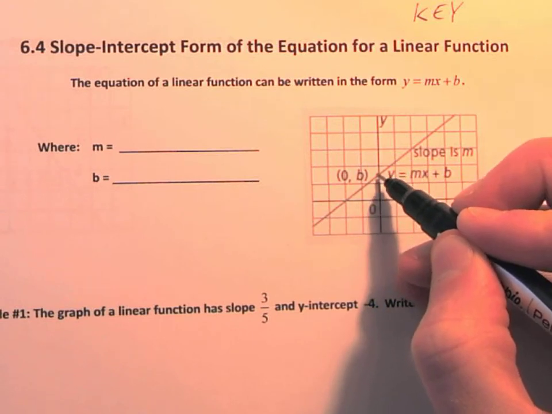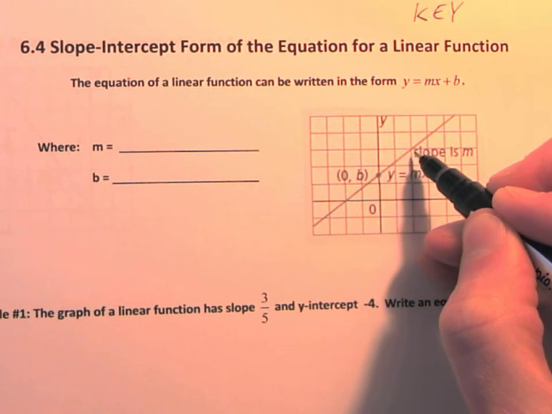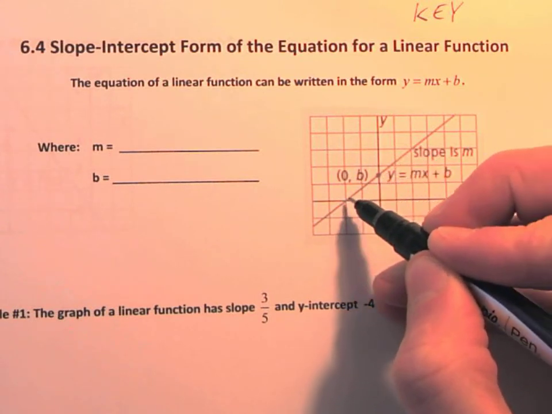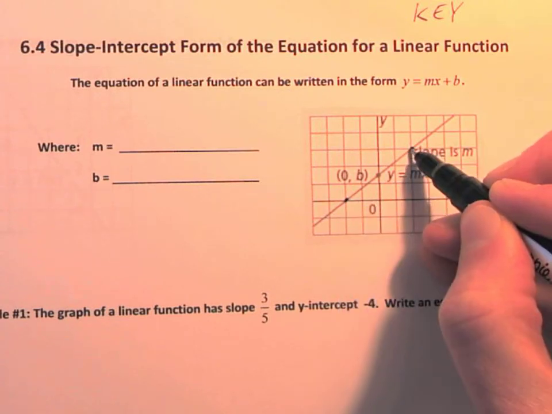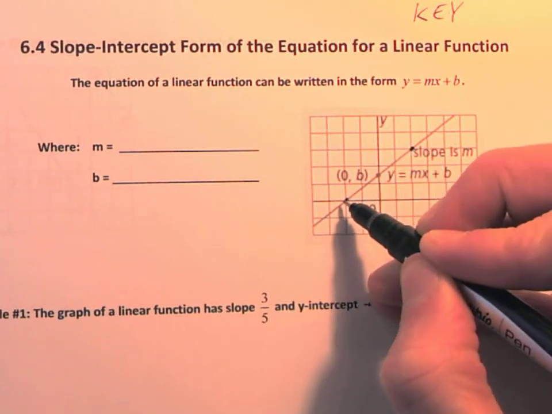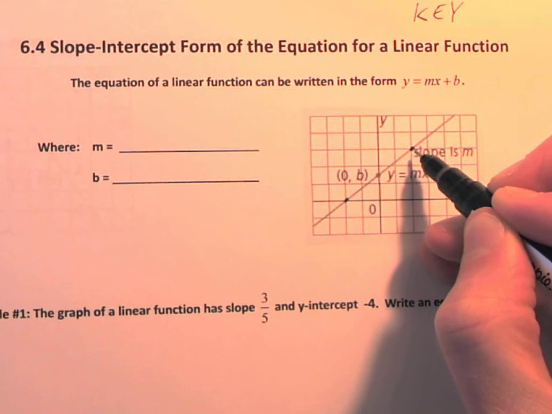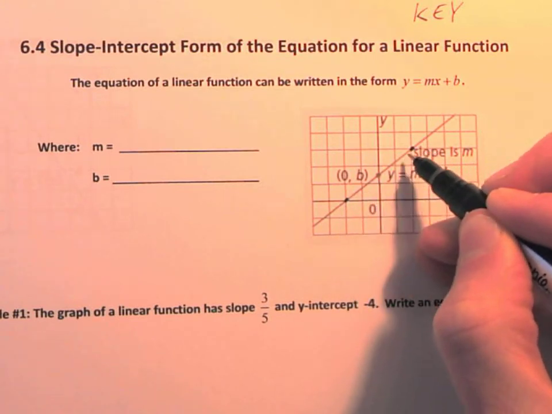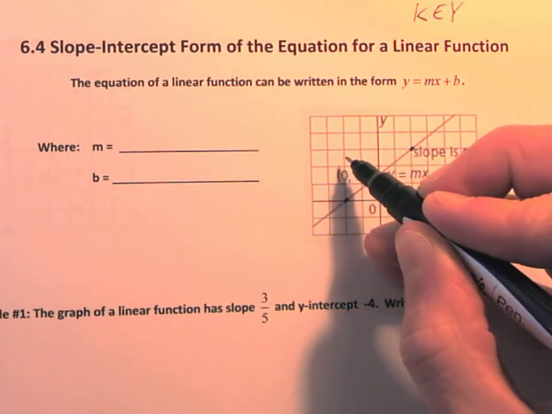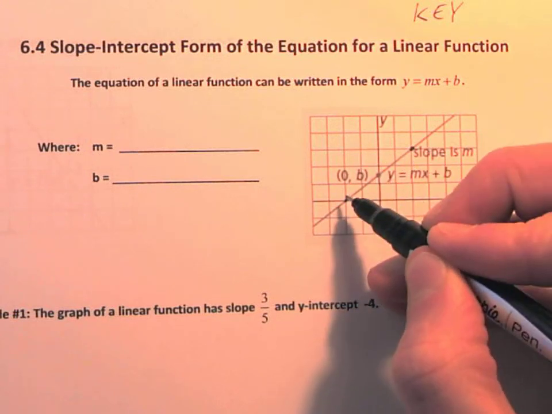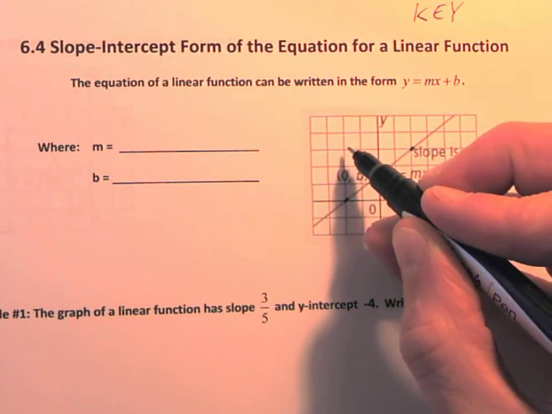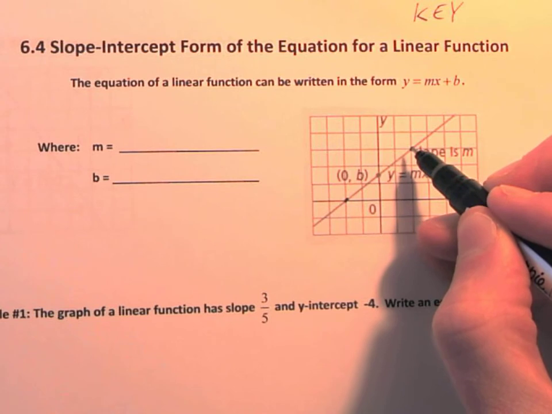So example here, if you wanted to find the slope, you have to pick 2 points. So if I picked maybe this point and this point, just because they're right on the intersections of the squares, I could calculate the slope as the amount it rises divided by the amount it runs. So it rises up around 3 and runs 4 units.